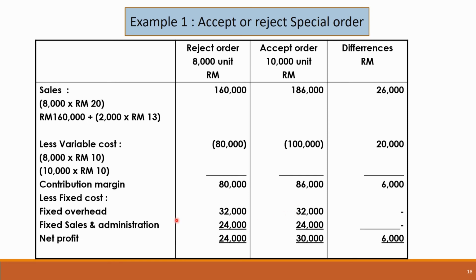Fixed costs include fixed overhead and fixed sales and administration. So there is no difference between reject order and accept order, so we just put a dash. And you can find out that the difference between reject order and accept order is 6,000. So we can see that we should accept the order from the supplier because it will increase the profit of the company. And the difference amount is 6,000.